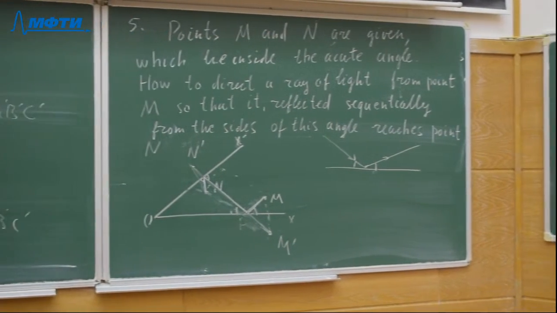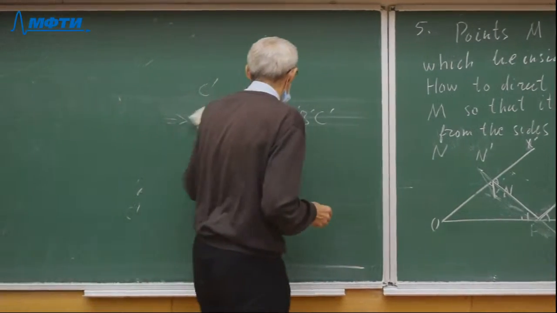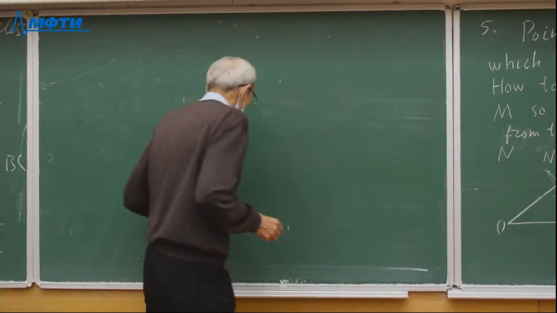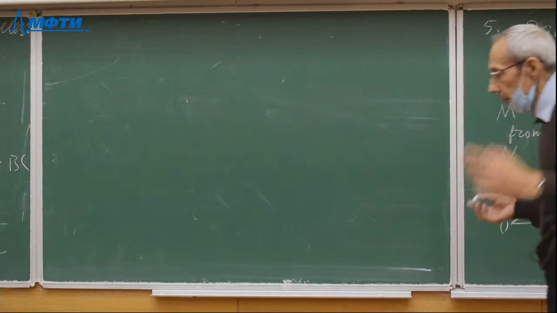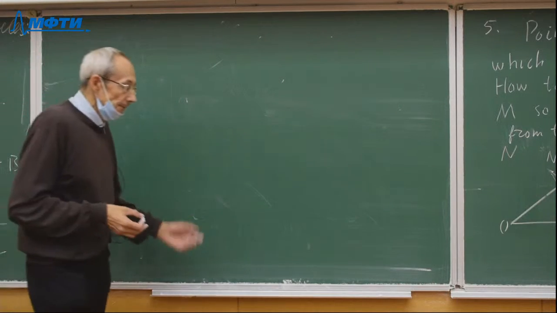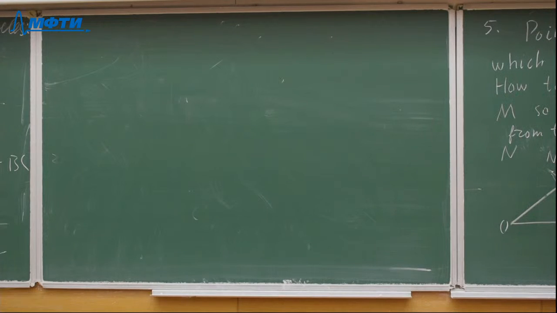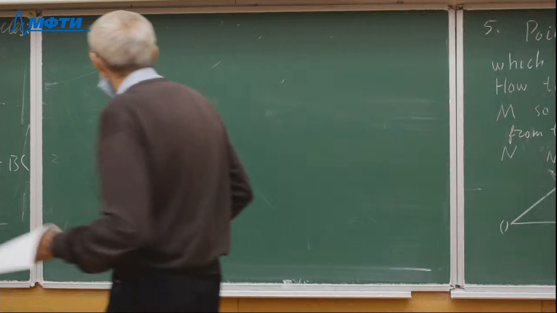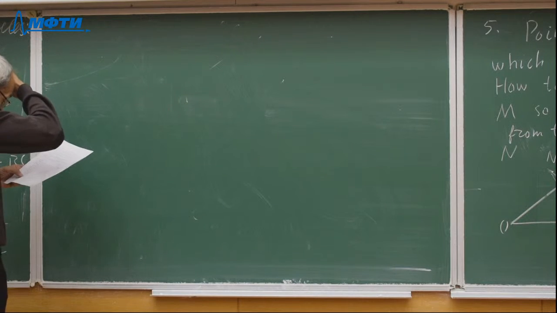I recall the main inequalities, triangle inequalities, or equivalent inequalities for triangles: the sum of two sides of a triangle is greater than the length of the third side.